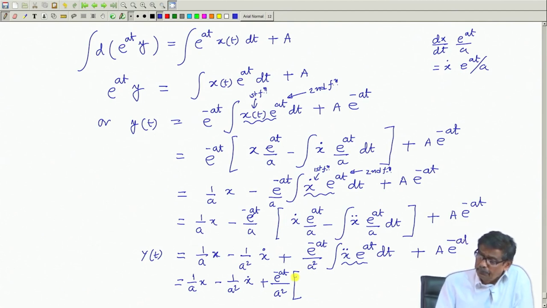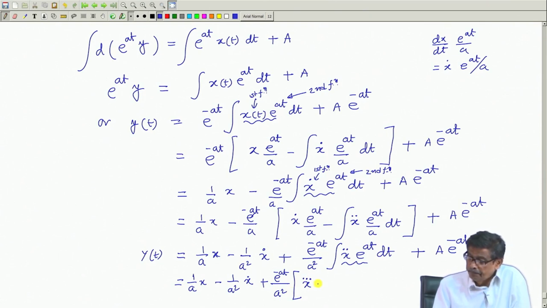Then once again you integrate it by parts. Then it will be differentiation of x double dot, so it will give you x triple dot.